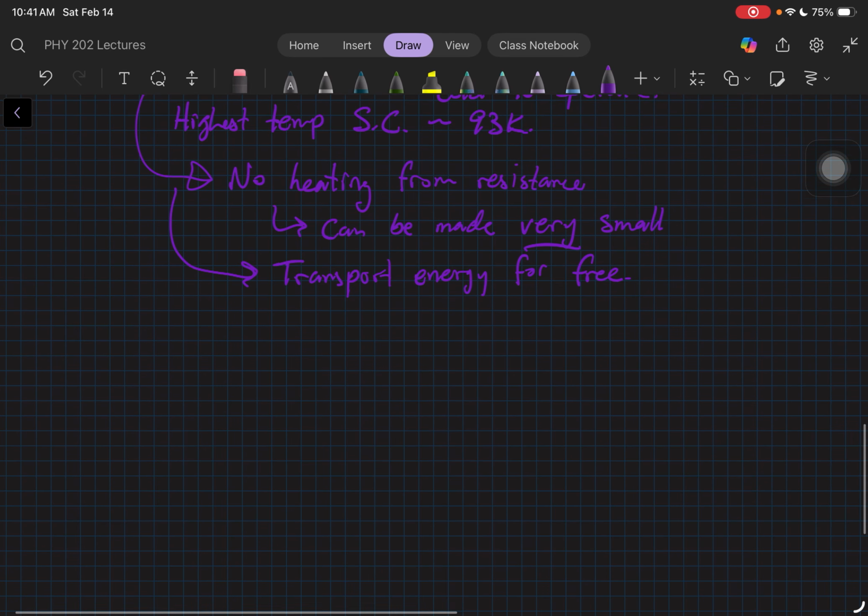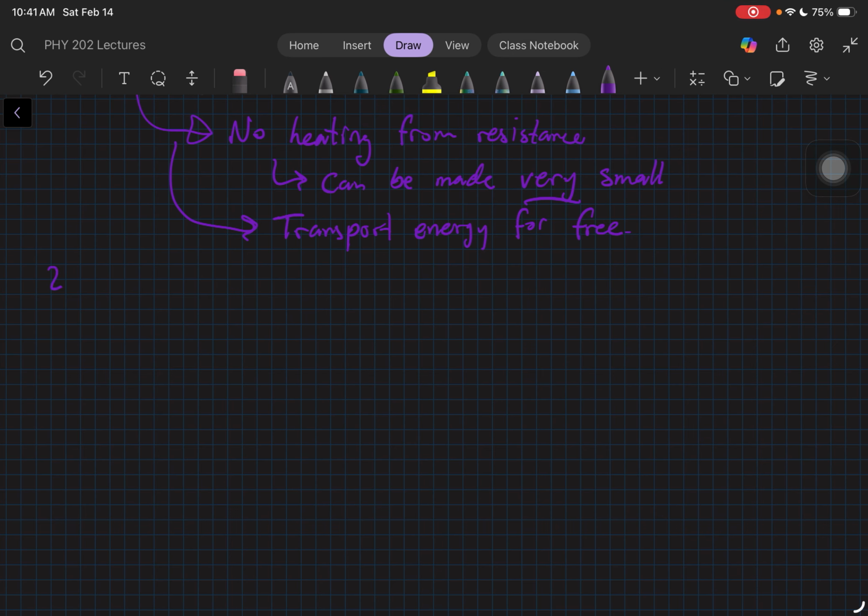So let's start talking about the mathematical models for how charge behaves. Specifically, we're going to try to figure out the force between two charges. And so to start, we have Coulomb's law, which as far as we know is flawless.